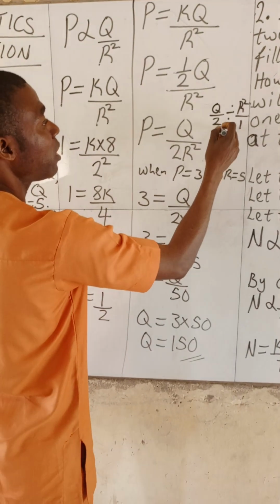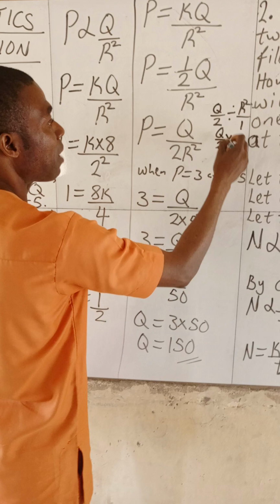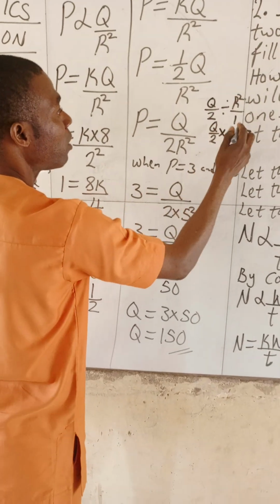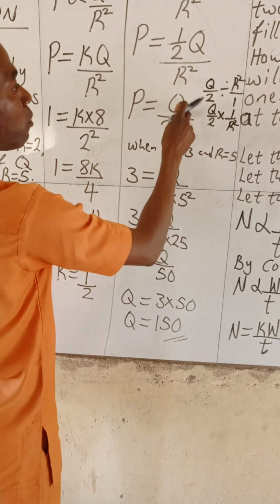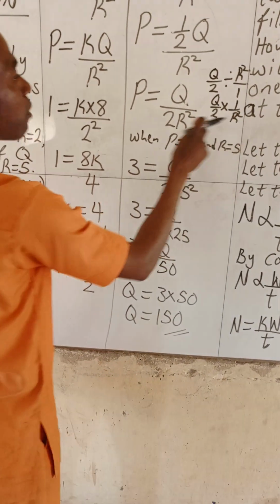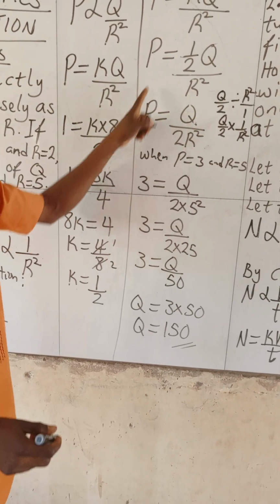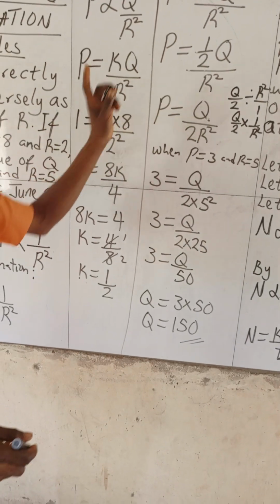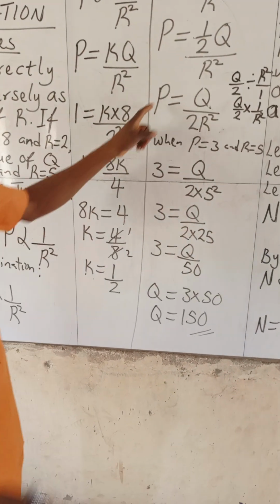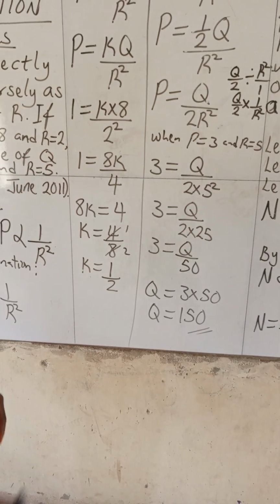So we have Q divided by 2, the division changes to multiplication, multiplied by the reciprocal, which is 1 over R squared. So Q times 1 is Q, multiplied by 2 times R squared, 2R squared. That was how we were able to get this. But you don't need to go to this extent, it's a waste of time. If you just know this method, it will be better. So this is now the relationship between P, Q, and R.